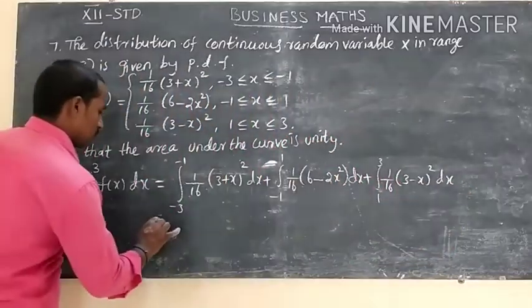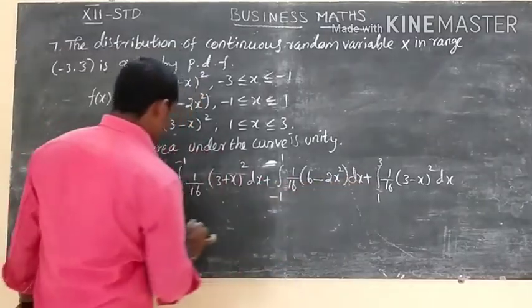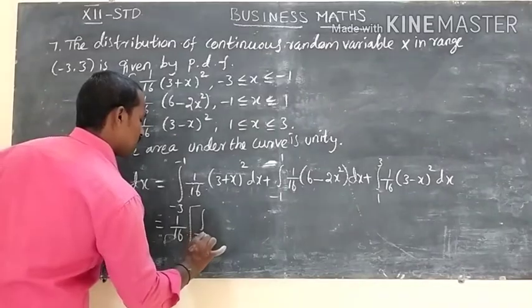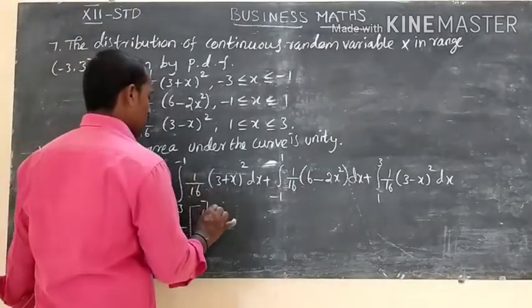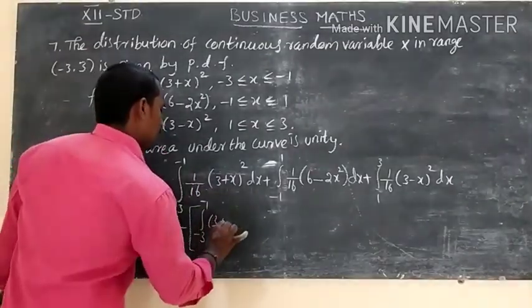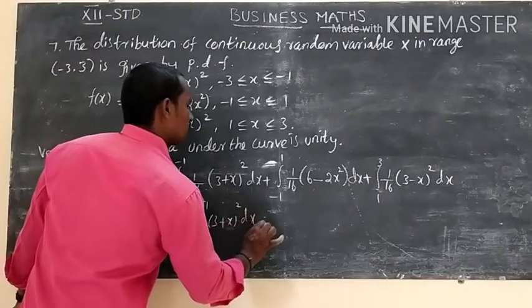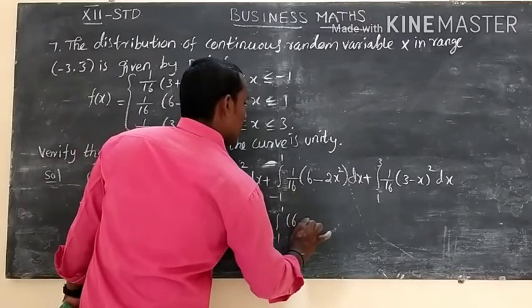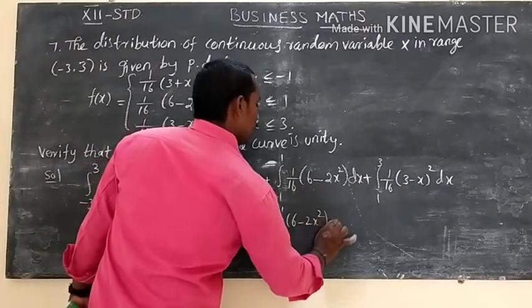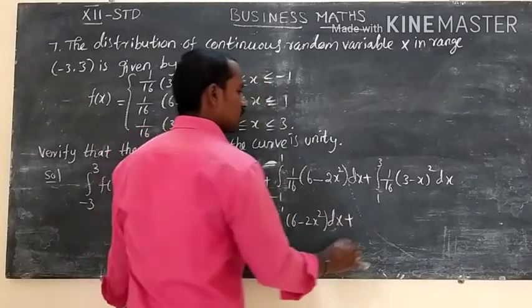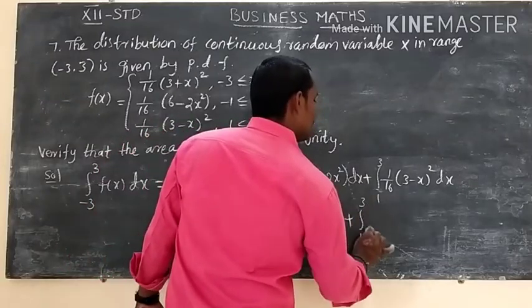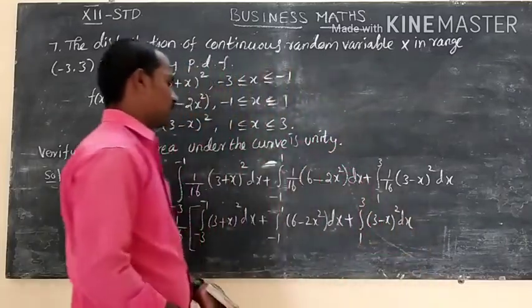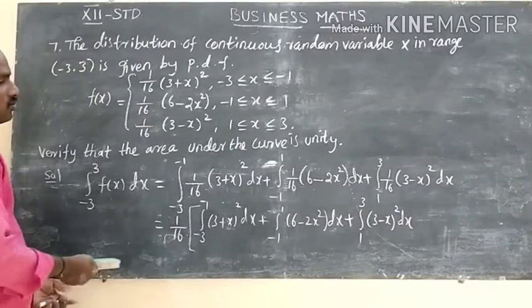Okay, consider all the terms. The 1 by 16 is common, so take it outside. We get integral minus 3 to minus 1 of 3 plus x the whole square into dx, plus integral minus 1 to 1 of 6 minus 2x square into dx, plus integral 1 to 3 of 3 minus x the whole square into dx. Okay, have you understood?